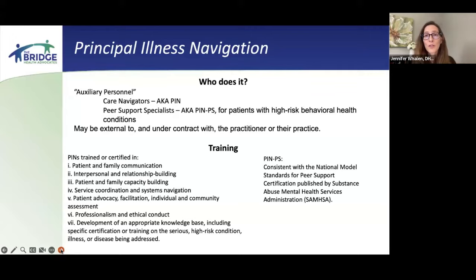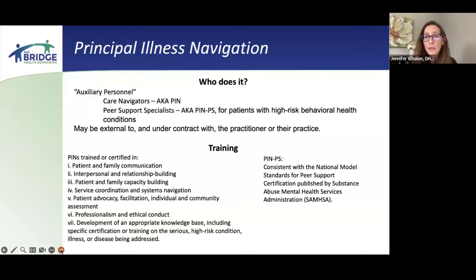I mean, you and I are both board certified patient advocates. We have a code of conduct that we adhere to, as all advocates should. Then development of a knowledge base, including specific certification or training on the serious high-risk condition, illness, or disease that's being addressed. And for the PIN-PS, again, they're addressing the behavioral health conditions.